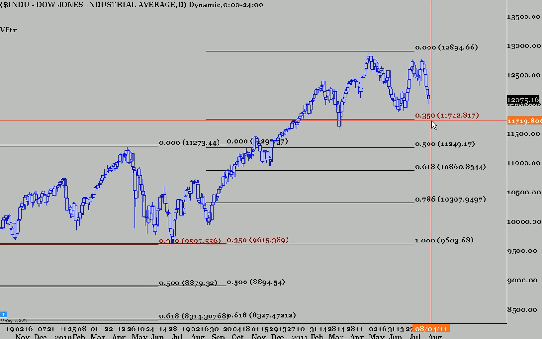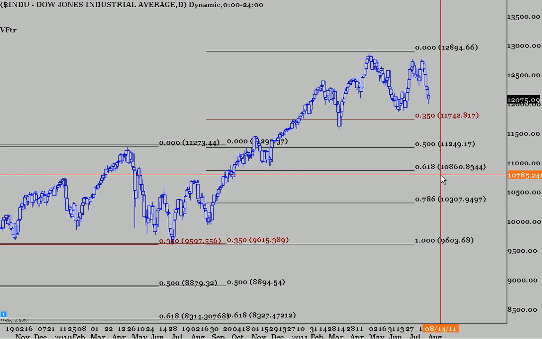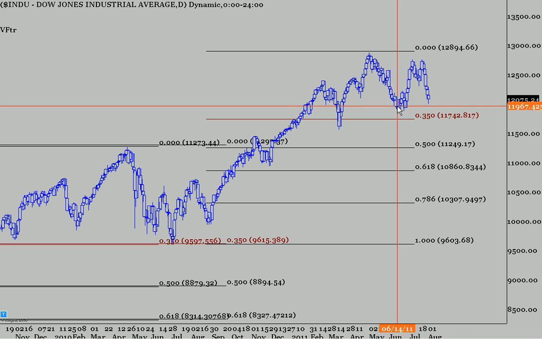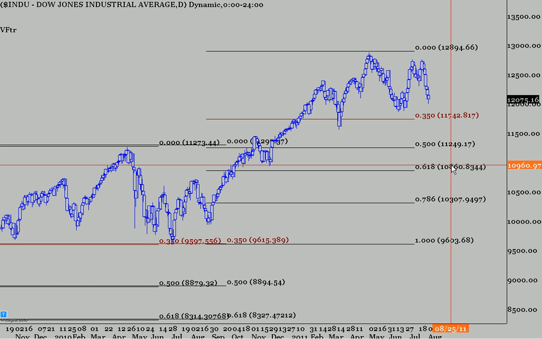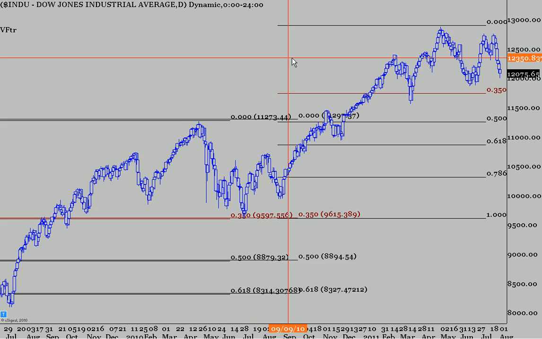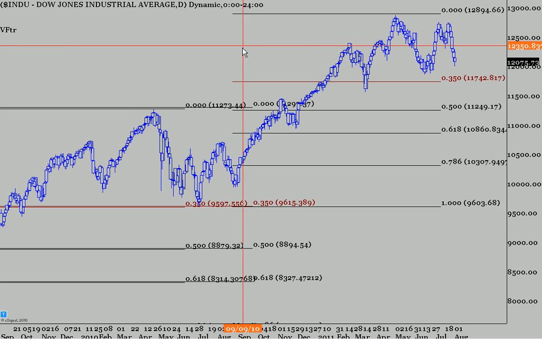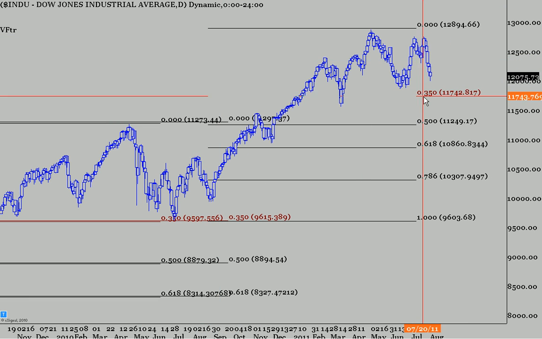Doesn't mean that we don't break lower. If we do, we look at what the pattern looks like down to here to give us odds of what will happen here. Hopefully this video helps. Write down those levels and we'll follow up to see what happens off of these levels.